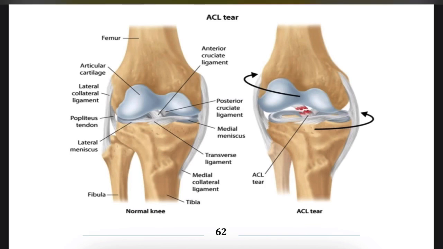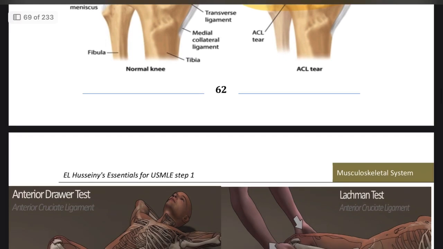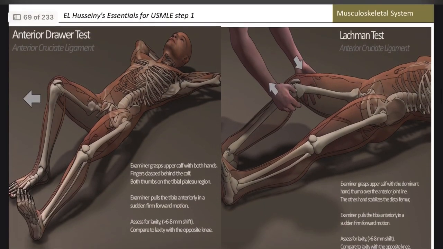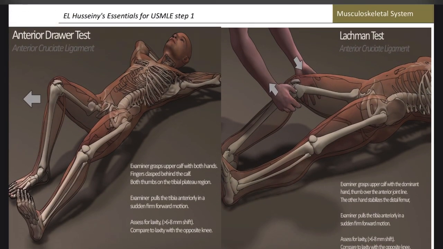You can see here in the image, this is an anterior cruciate ligament tear. Here this is the anterior drawer test. The patient is in supine position and bending his right knee.